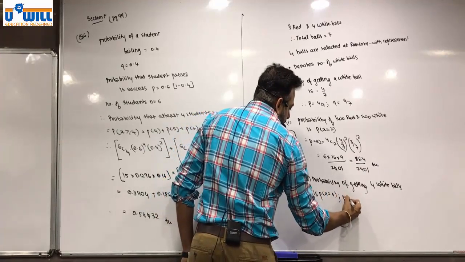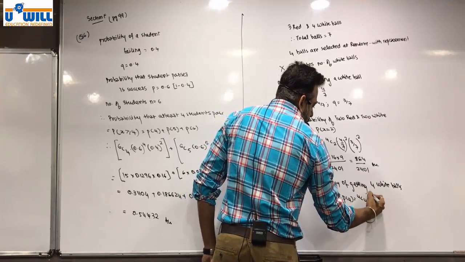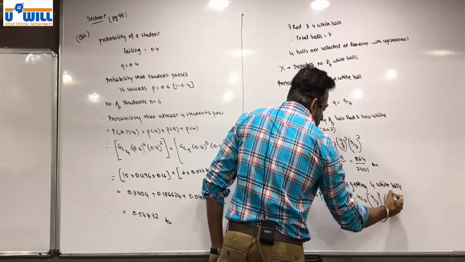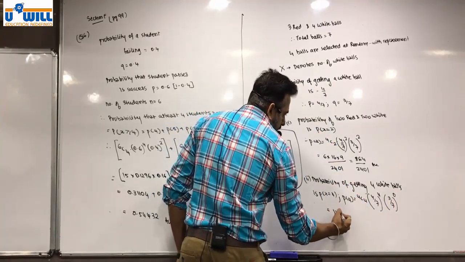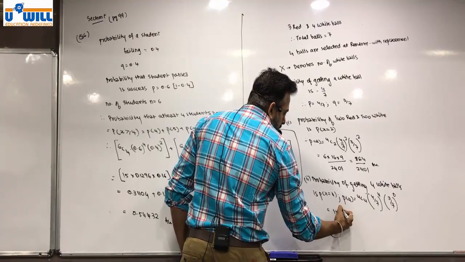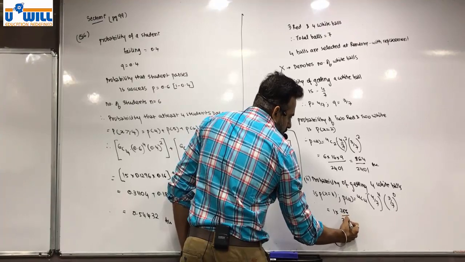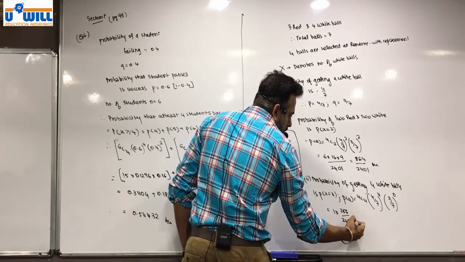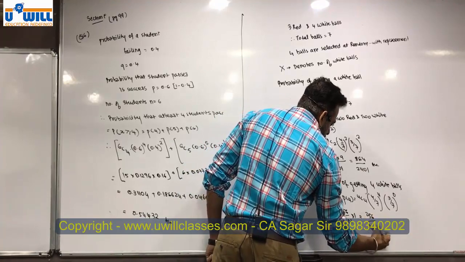So probability of 4 is equal to 4C4 into 4 by 7 raised to 4 and 3 by 7 raised to 0, which is equal to 1 into 4 raised to 4 is 256 upon 2401 into 1, which is 256 upon 2401.